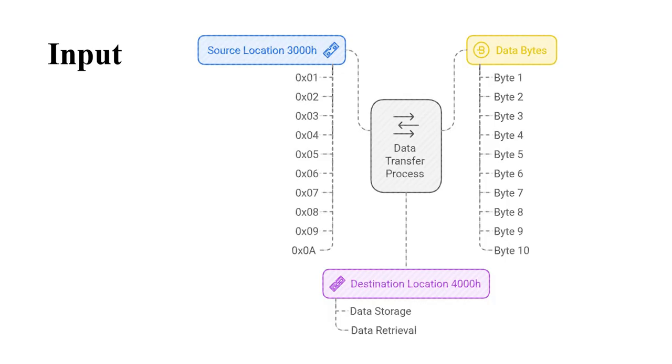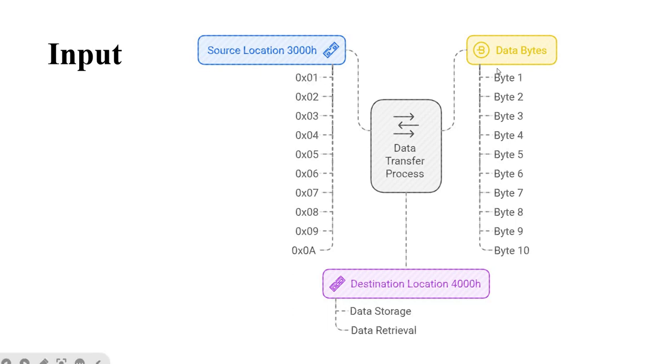Now we will give the input from the source location 3000H. At 3000 location we will give 1, 3001 will give 2, 3002 will give 3, and so on up to 3009.